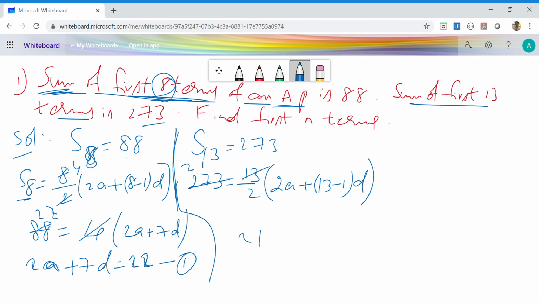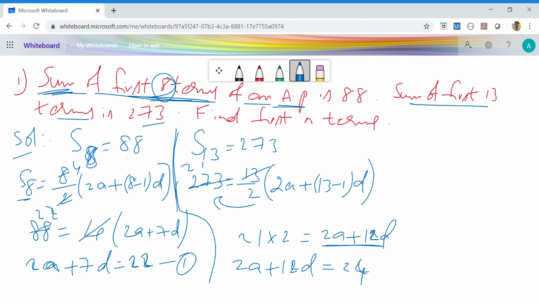So 21 into 2, transposing, is equal to 2a plus 12d. So 2a plus 12d is equal to 42. Why did I not cancel even though this is a multiple of 2? Because in the first equation 2a plus 7d is there. So 2a plus 12d is the second equation.